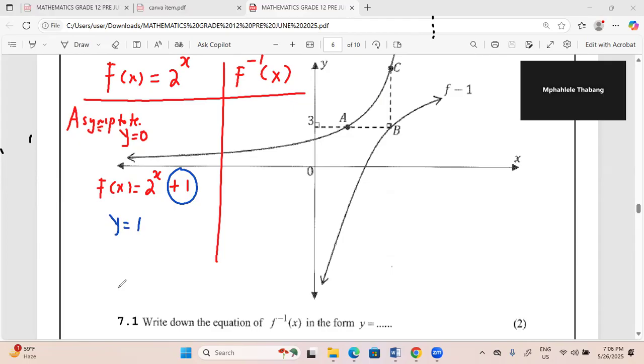So f of x equals 2 to the exponent x is an exponential function. Please, guys, the exponential function has got the y asymptote, but its inverse has a horizontal asymptote. So if the function had the y asymptote of 0, it means its inverse will have the x asymptote of 0.